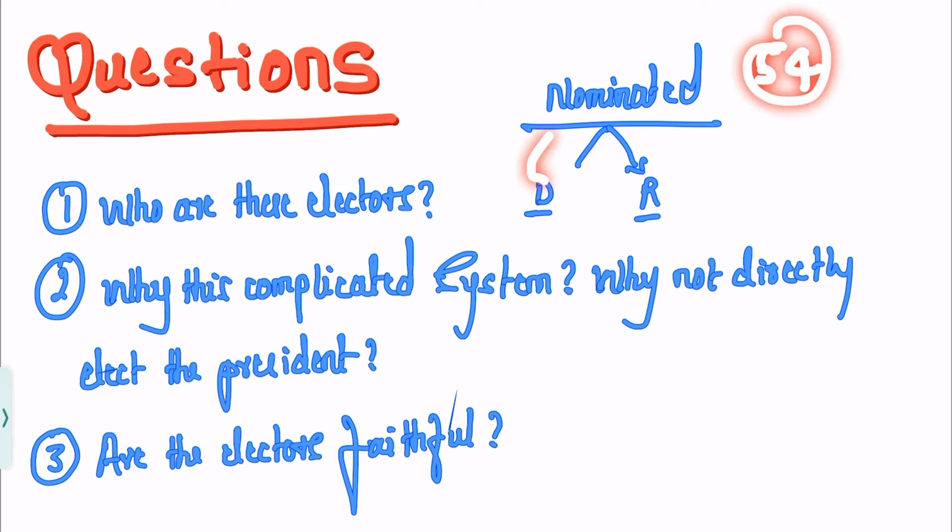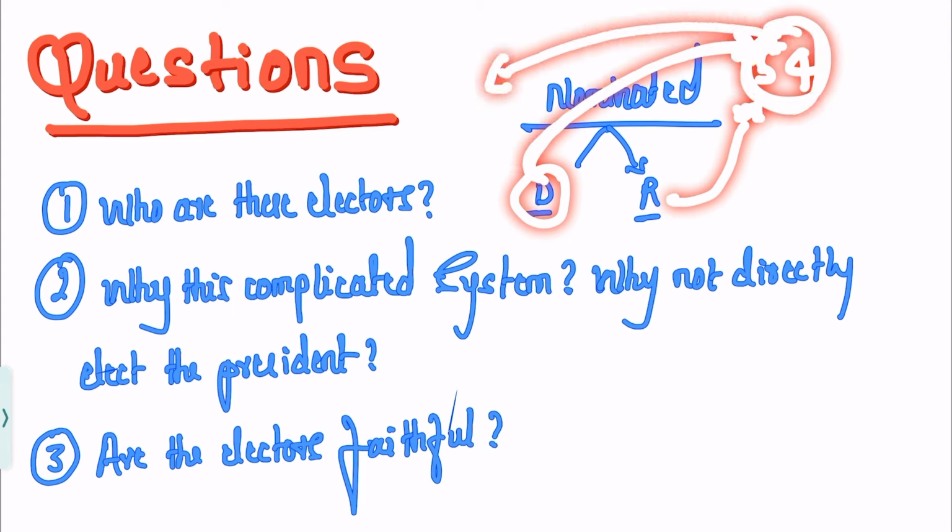So Democratic nominees are 54, Republican Party nominees are 54. And if the Democratic Party wins the majority of votes in California, then these 54 votes go to the Democratic Party. Go to means in December, these 54 electors who were nominated by the Democratic Party will obviously vote for the Democratic Party nominee, that is Kamala Harris, right?